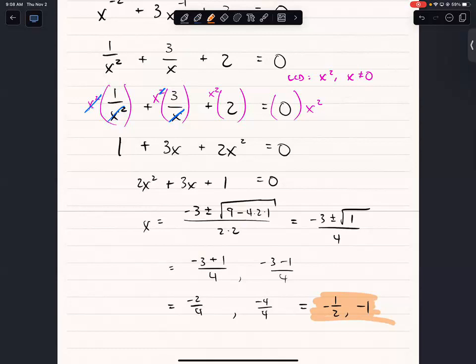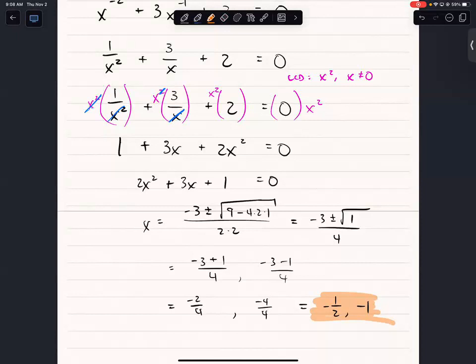So the way you use those would be to write that middle term broken up. And then you factor by grouping. And so you get 2x plus 1 times x plus 1, which is going to get you to those.